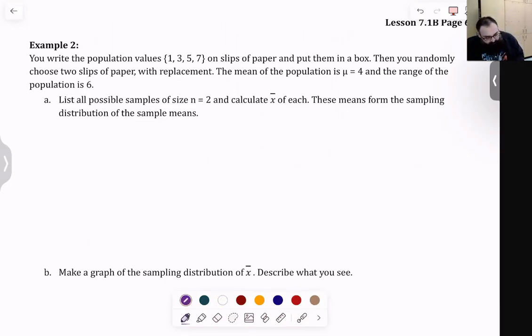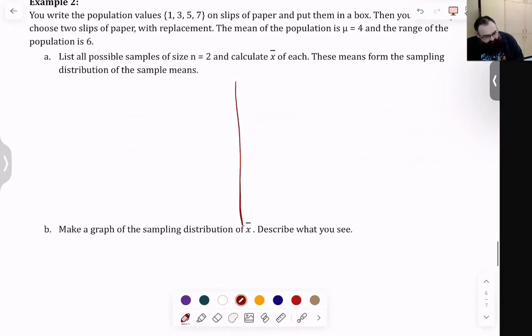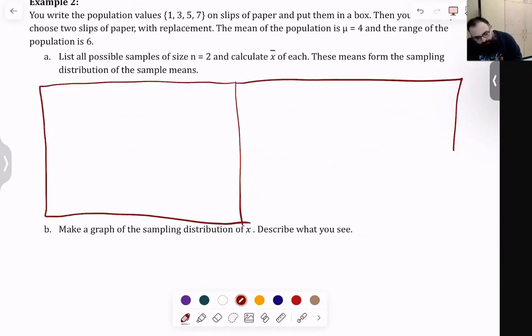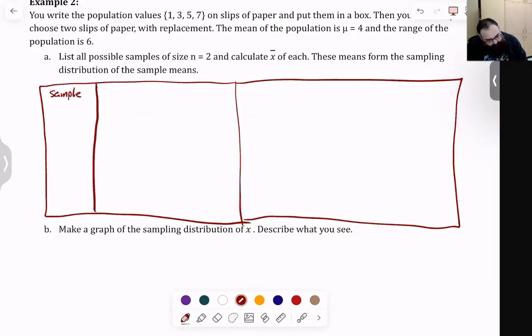So, there's going to be a lot of writing that we have right now. Just trust what I'm about to do. We're going to write something down that it isn't actually asking us to do, but we're going to need it for part C. So you're going to write sample, sample mean, which is x bar, and then sample range.